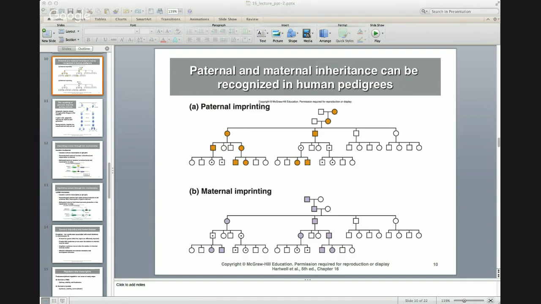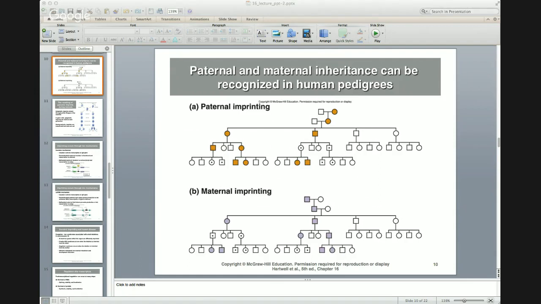Looking at the pedigree again, part A demonstrates paternal imprinting. Here we have a male who has the disease. His offspring will not have the disease because it's a paternally imprinted gene. Men passing it on, their offspring will not manifest that trait. A maternally imprinted gene is the opposite.